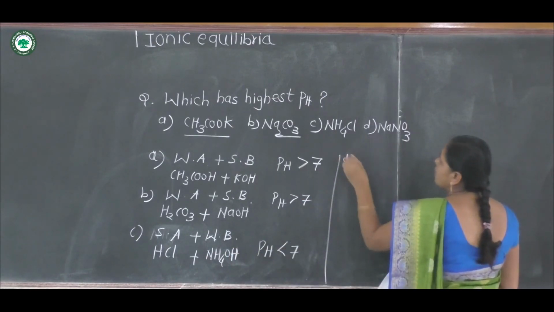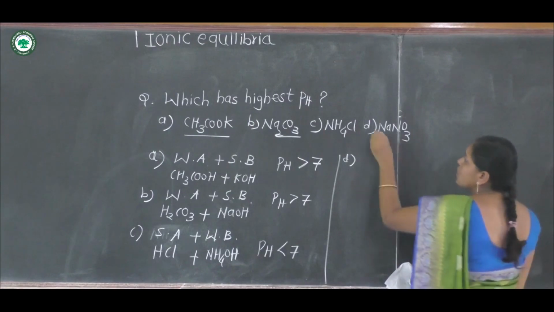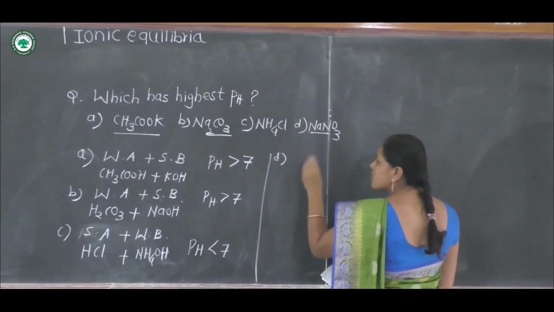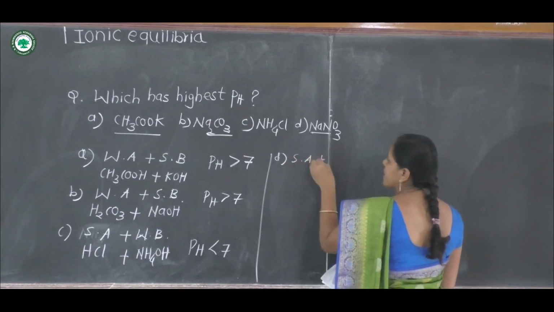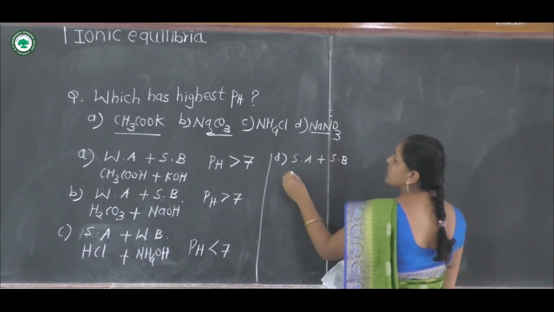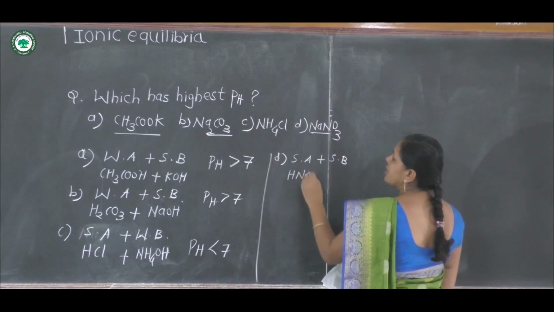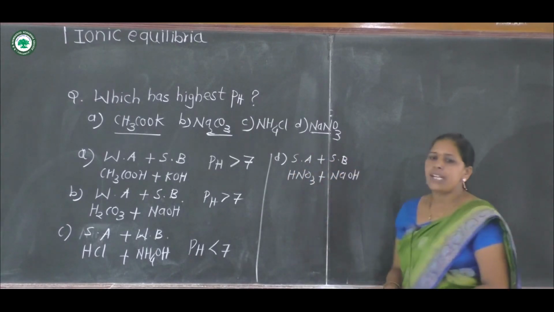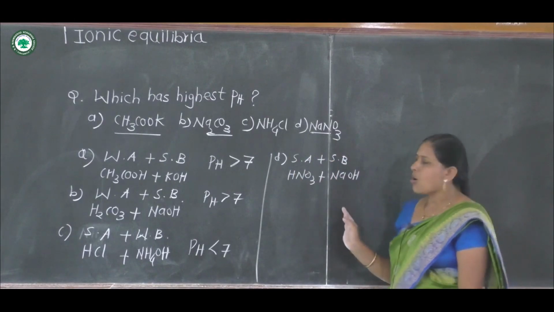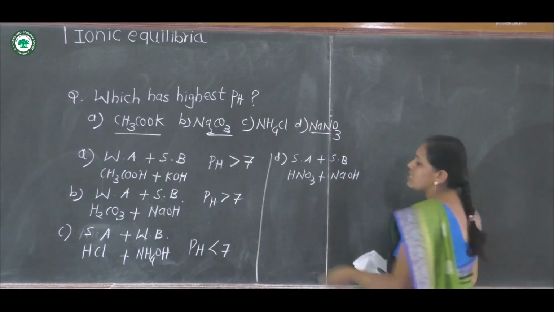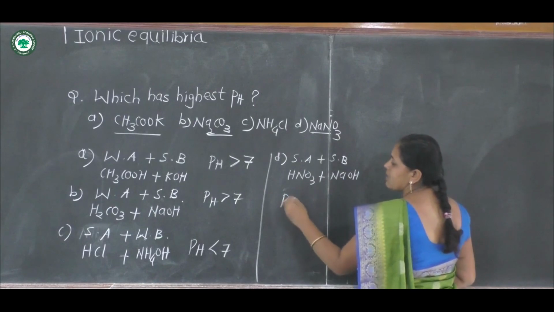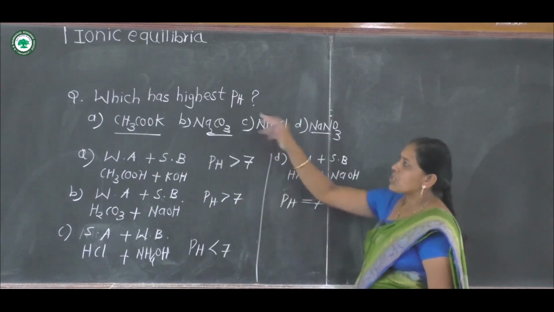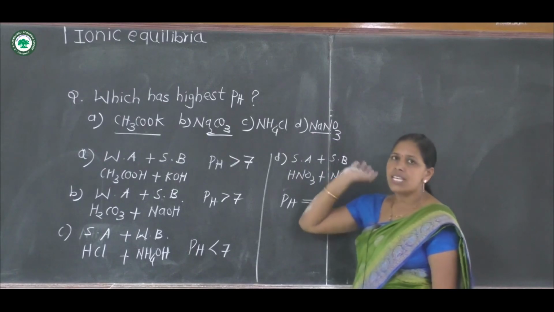And fourth option, sodium nitrate is the salt of strong acid HNO3 and strong base NaOH. And we know that a solution of a salt of strong acid and strong base is always neutral and its pH is equal to 7. Our question is, which has highest pH?